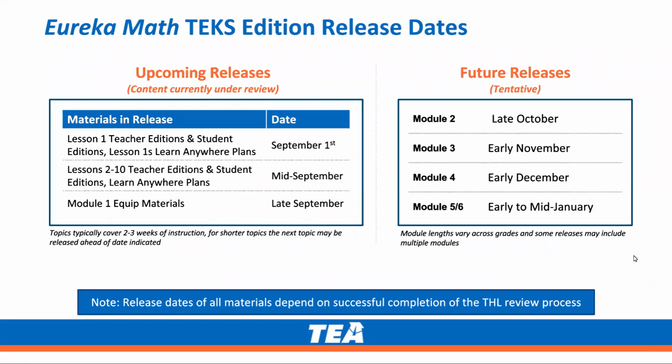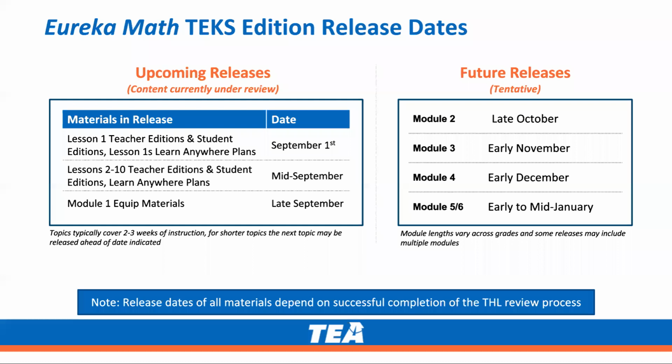We wanted to share a little bit about release dates. Today I'm going to be talking about a few materials that are released from the Eureka Math TEKS edition, and we will look at some materials that will help you get started and understand what's coming out. Over the course of this week, you're going to see lesson 1 and their Learn Anywhere plan released along with associated materials.